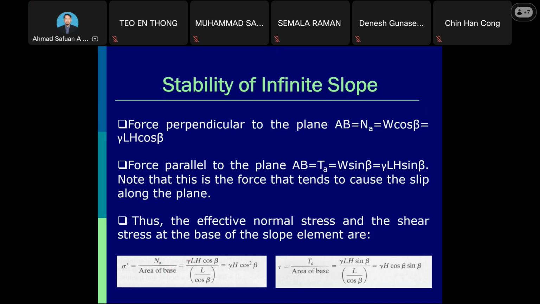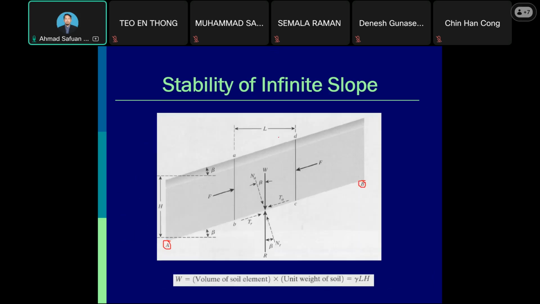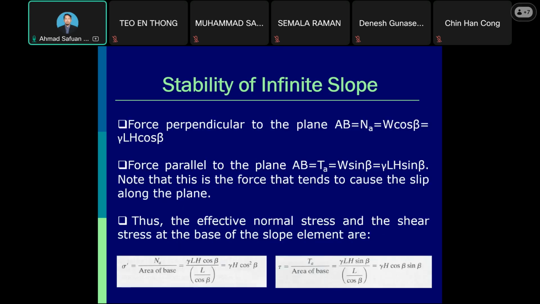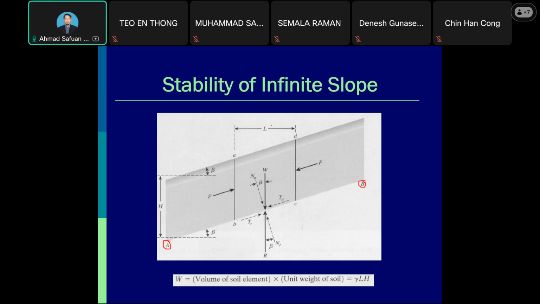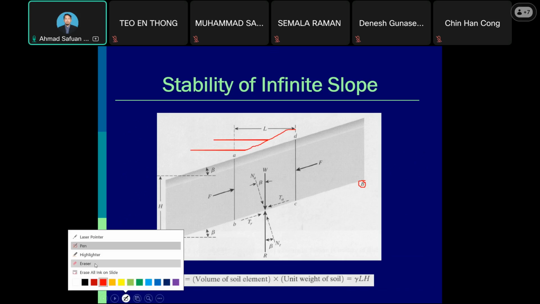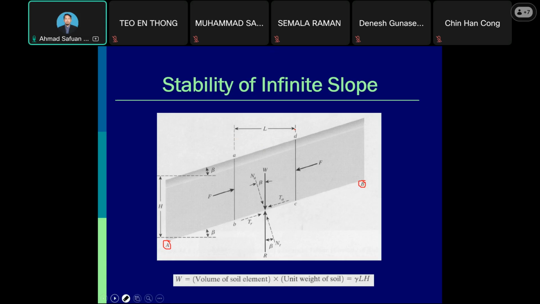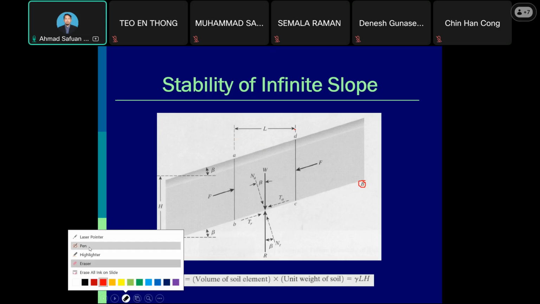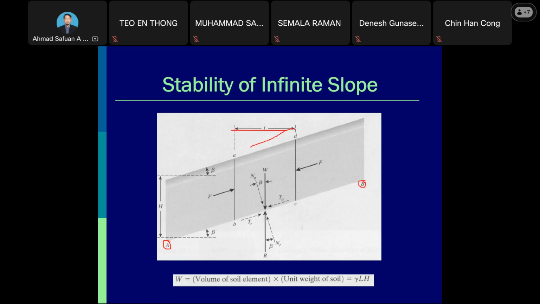So gamma LH cos beta over the area of the base, this is L. Because it has a sloping base, we need to use the trigonometry equation then.